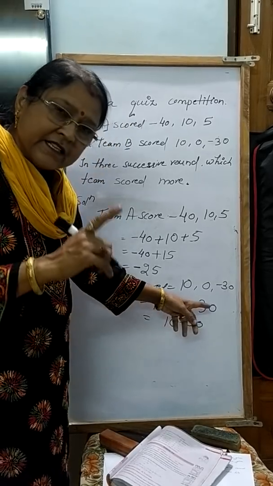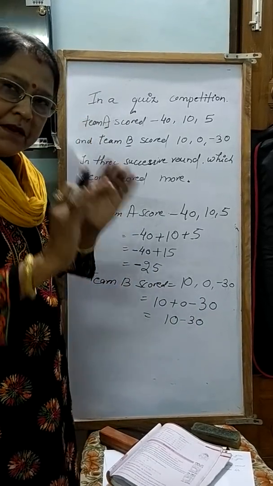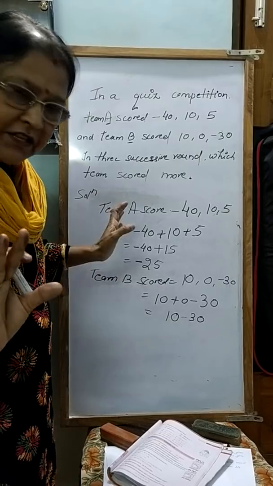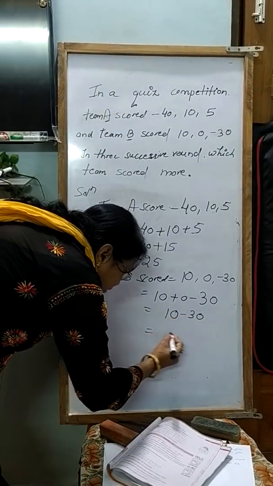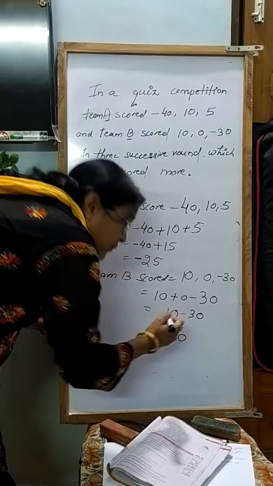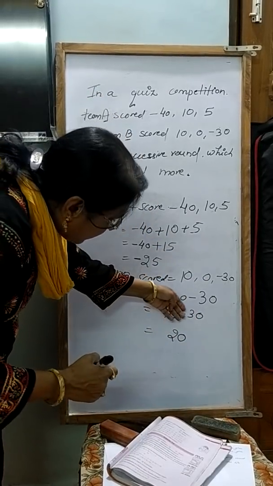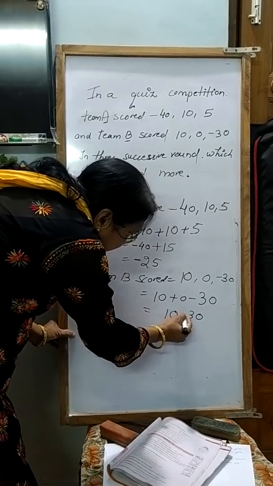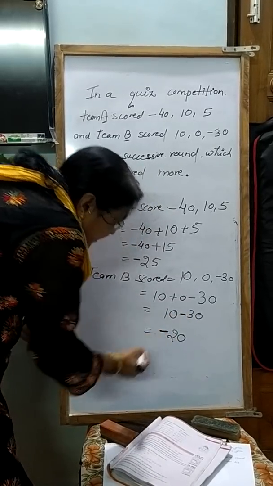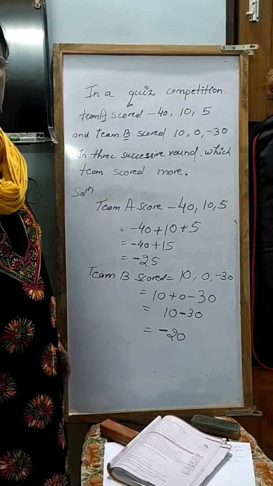Subtraction करना है. Subtraction करते समय हमेशा बड़े में से छोटा नंबर माइनस कर दो. So 30 and 10, it means it is 20. And now put the sign of greater number. ये 30 बड़ा है. 30 के आगे minus sign is present. So here it is -20.